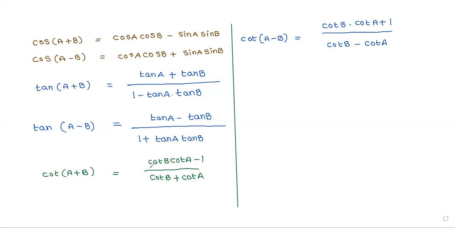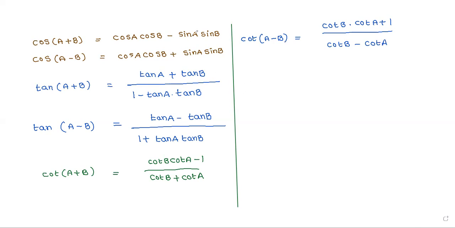Okay. So please observe, cot of a plus b is equal to cot b cot a minus 1 by cot b plus cot a. As usual, cot of a minus b is equal to cot b cot a plus 1 by cot b minus cot a. Okay.